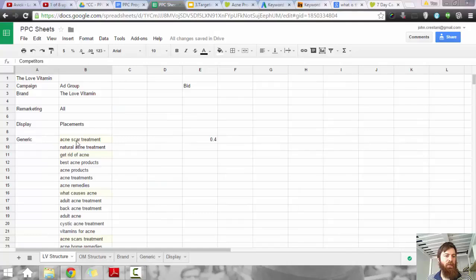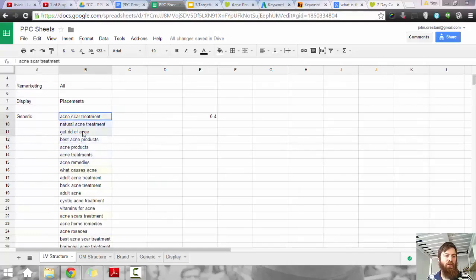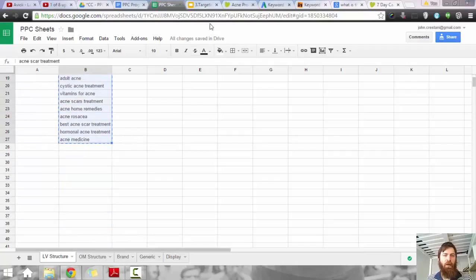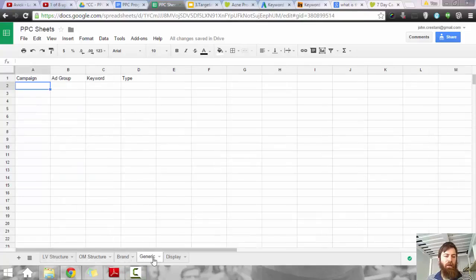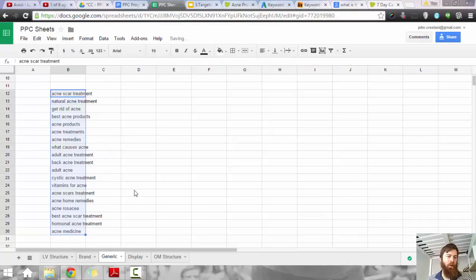So we had talked a little bit about the structure. Now let's just pick 4 of these ad groups.